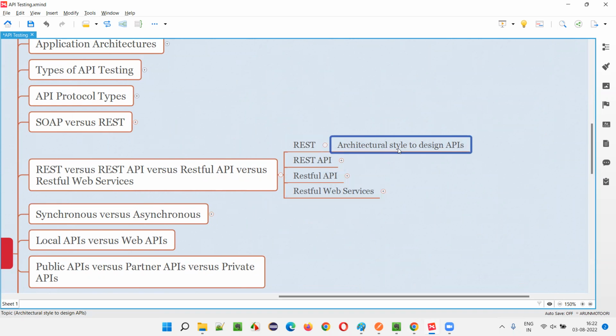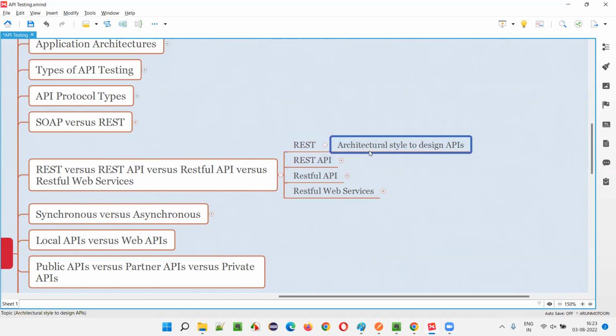It contains some rules, conditions, syntaxes, or whatever process it is. If developers are creating or developing APIs by following this REST architectural style, those APIs are called REST APIs. So you just understand the difference between REST and REST API, guys.